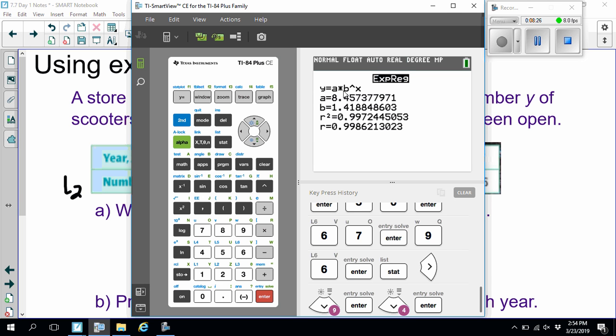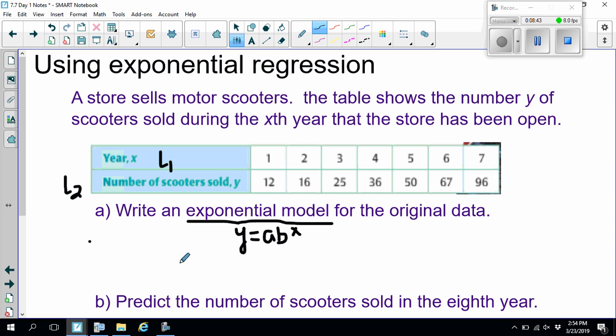Now here we're just going to go ahead and probably round to 2 decimal places. That'll be fine. Sometimes they'll tell you where to round to, sometimes not. Just make sure you read the instructions. So our A value is 8.46 after rounding. So we have our equation as y equals 8.46.